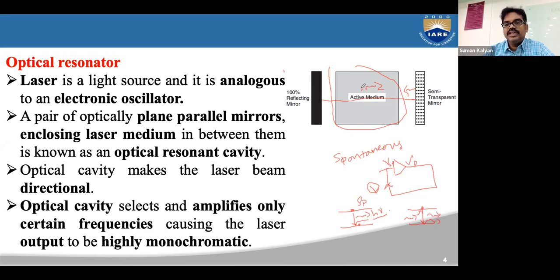There will be many photons going in this direction, along the optical axis. All these photons in this direction will be reflected back, and from here again reflected back, so that on their way they again stimulate the other atoms which are in the higher energy state.